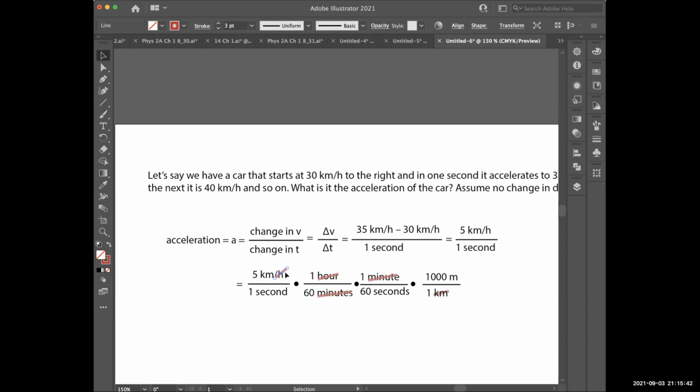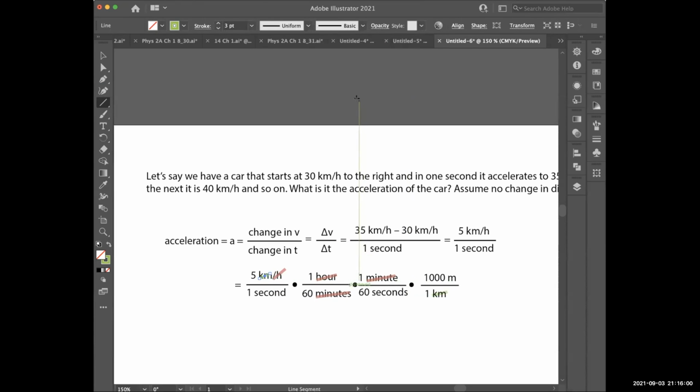Let's make it a different color. Let's make this like a green. And then we're going to cancel out this one here. Okay, and so I get 1,000 divided by 3,600 and then times 5.